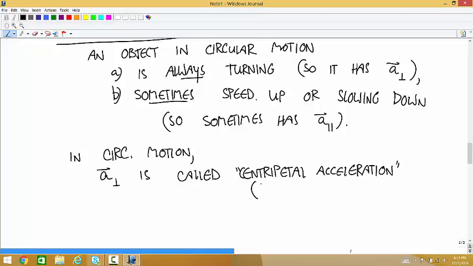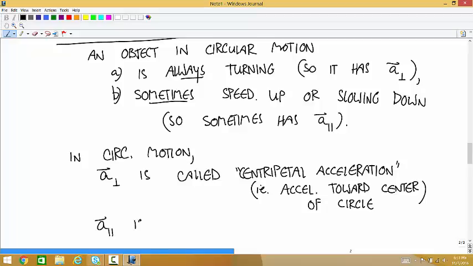In other words, acceleration toward the center of the circle. And the parallel part of the acceleration is called the tangential acceleration.